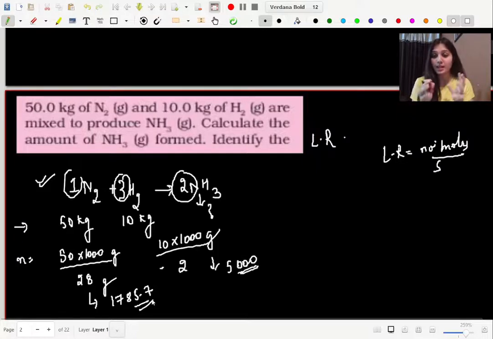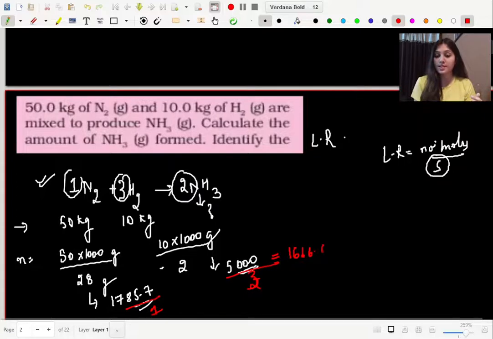Okay, so now this is my number of moles. Don't think of this number as my limiting reagent. Limiting reagent is number of moles divided by stoichiometry. So now, since I have the number of moles, I'll divide them by the stoichiometry. So in this case, stoichiometry of N2 is 1, so this is going to be divided by 1, and this is divided by 3. The stoichiometry here is 3. Okay, so this comes out to be approximately equal to 1666.6.